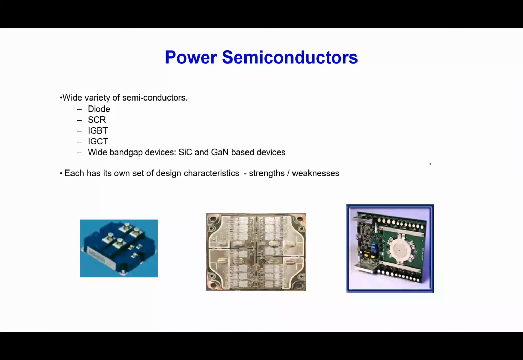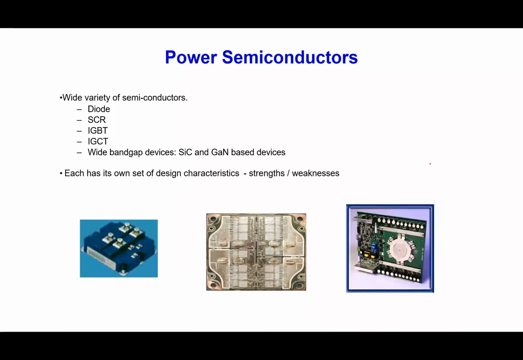So what type of power semiconductors are used? We can use a diode for a simple diode bridge rectifier. We can use a silicon controlled rectifier or a thyristor, they are the same. Insulated gate bipolar transistors, that is IGBTs, or insulated gate controlled thyristors, IGCTs.